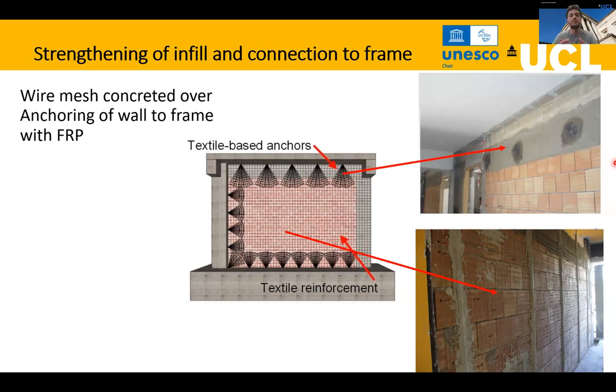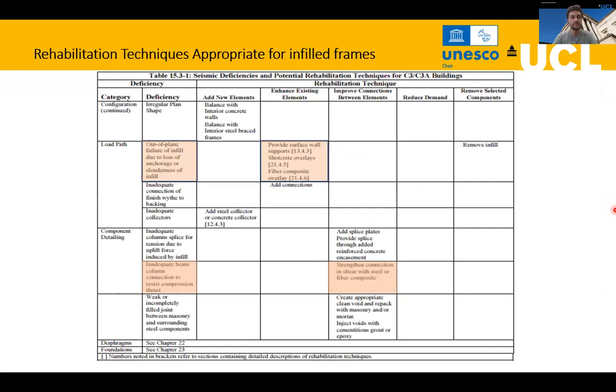This can be done with this type of wire mesh that will contain the wall, so it will not fail out of plane. An additional retrofitting or intervention is to isolate the element over here, as you can see, so it will not interact with the RC frame, but it will not fail out of plane thanks to the wire mesh.